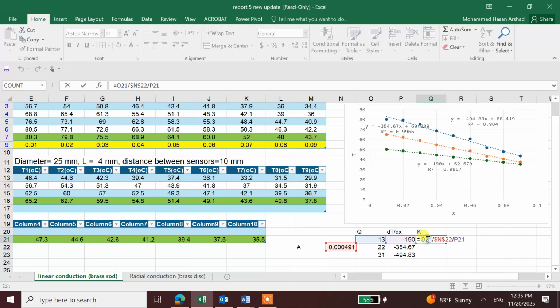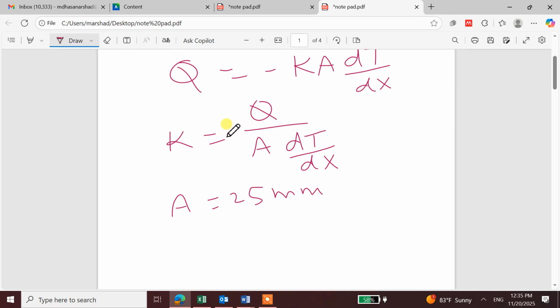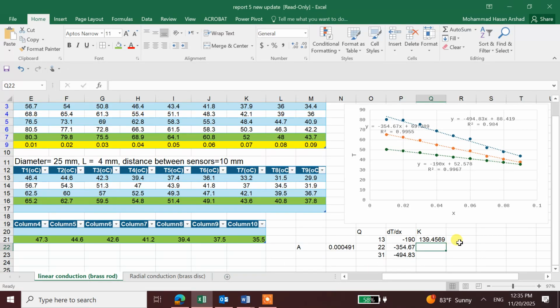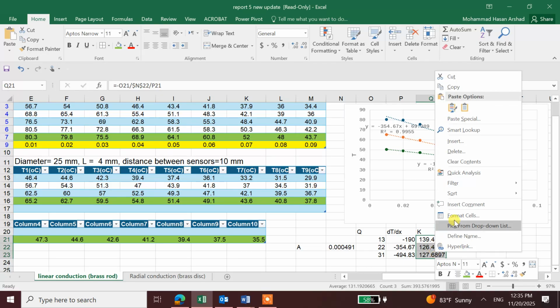Okay, minus sign I forgot, right? So minus is there, isn't it? It's minus. So now you can see what I got, 139.456. So again I am giving you the comment that you should use the significant digit. 139.4569 doesn't make sense.